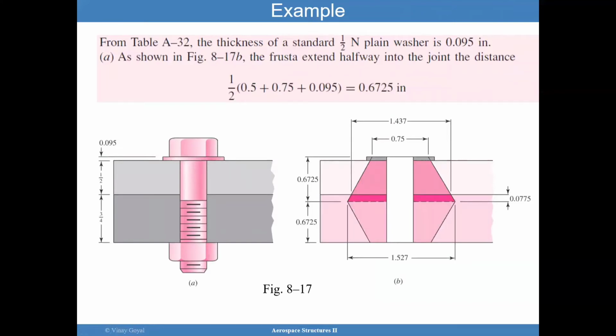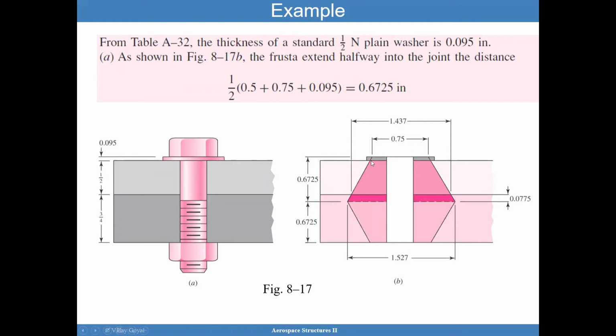The first step is to realize that what I'm looking at is only half, about 3/4. But in essence, the halfway point is about here. I want to account for the washer as part of the member stiffness, so I calculate the frustrum now for this system.